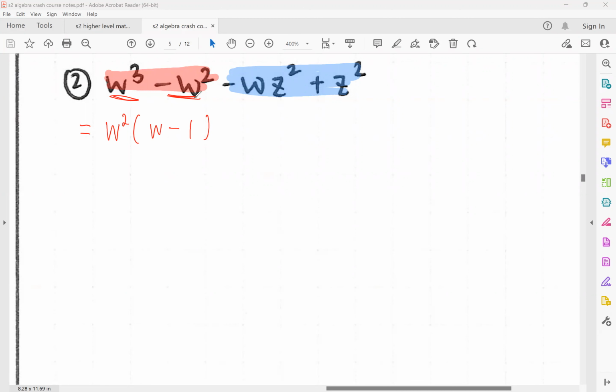Because if I factorize out this W squared, it doesn't disappear. This is like W squared divided by W squared. W squared divided by W squared gives me 1. It doesn't give me 0. It doesn't disappear. That's why there's a 1 here. So please take note. This is a common error made by students.